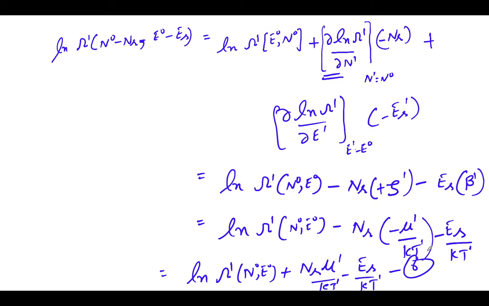Putting the value of this μ, we know that α is equal to −μ/kT, and similarly β we know is equal to 1/kT.